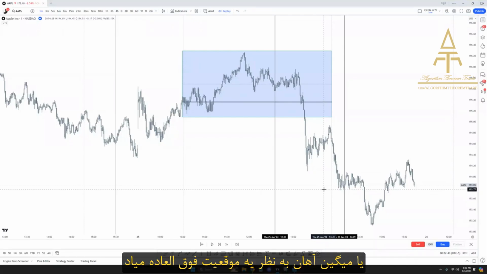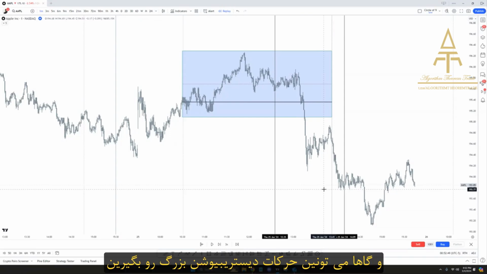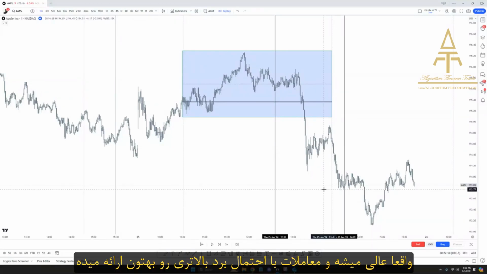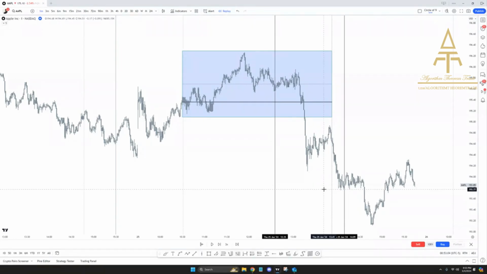Or you say this looks like a perfect opportunity, and I'm going to try to take a stab at it. And occasionally, you can capture large distribution moves if you use weekly session time models and New York session time models in conjunction with each other to create even higher probability scenarios where you include both macro and micro aspects of time.